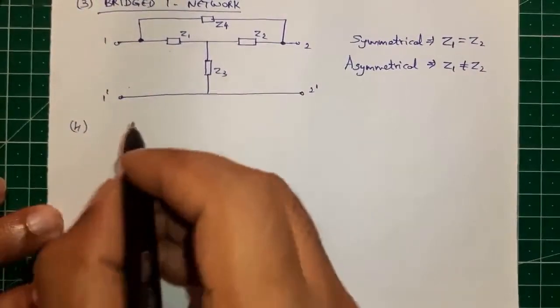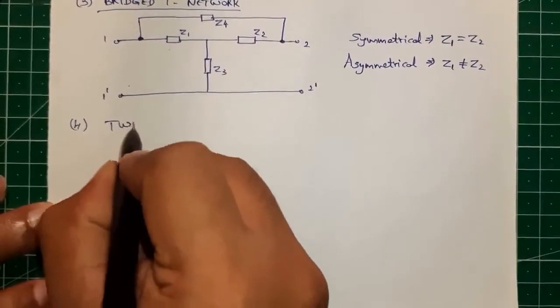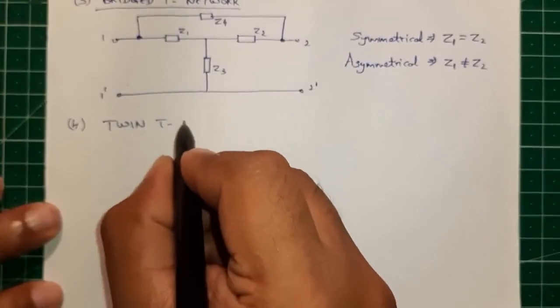The fourth category is the twin T network.